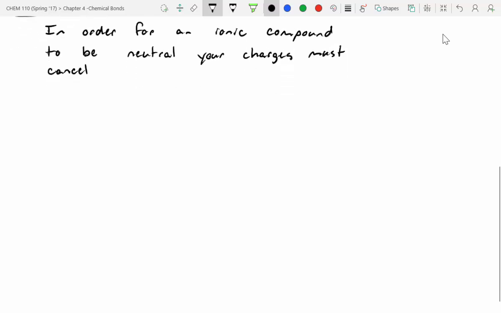Okay, so the example we saw was if you take sodium cations and chlorine anions and you put them together, they're already going to cancel each other out. You've got 1 positive, 1 negative, so it'd just be NaCl. You don't have to say Na1Cl1. It's implied that there's just 1.